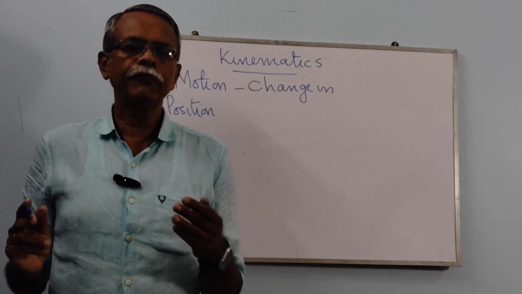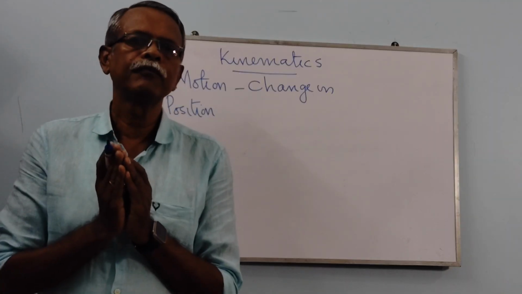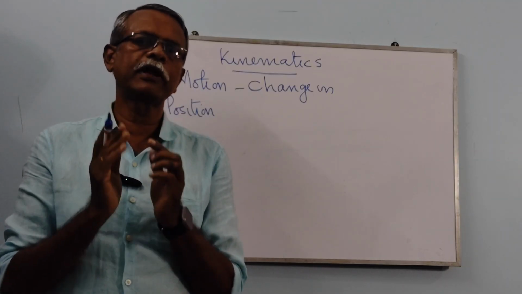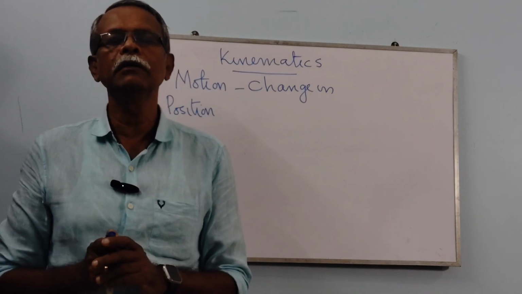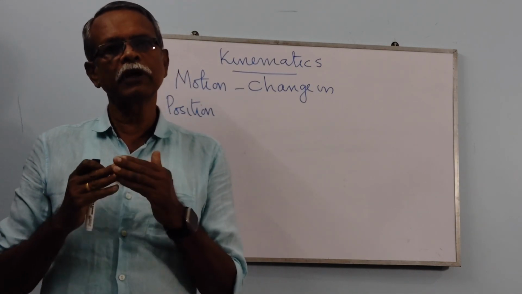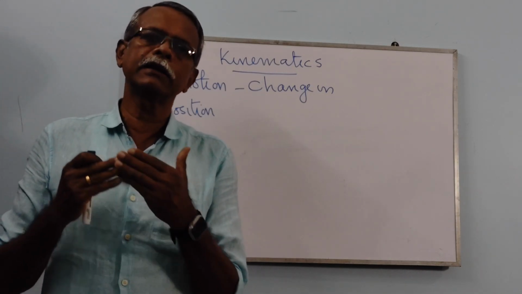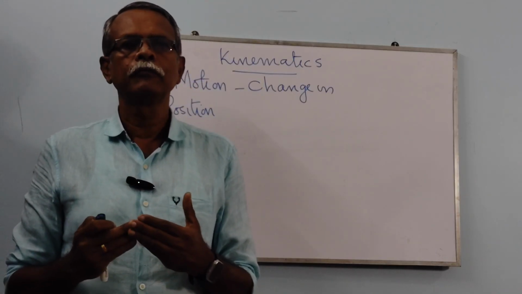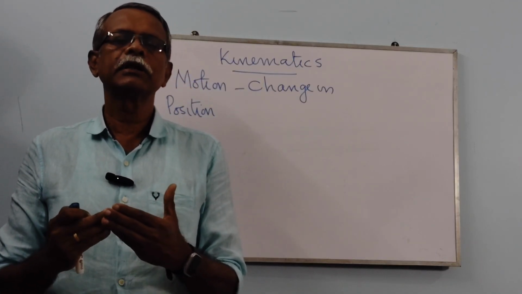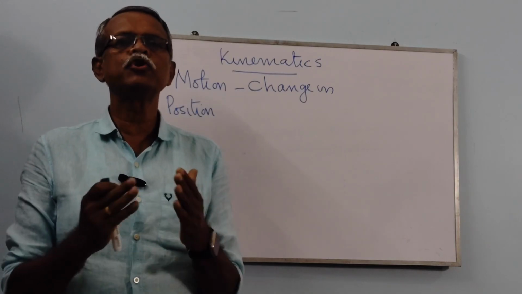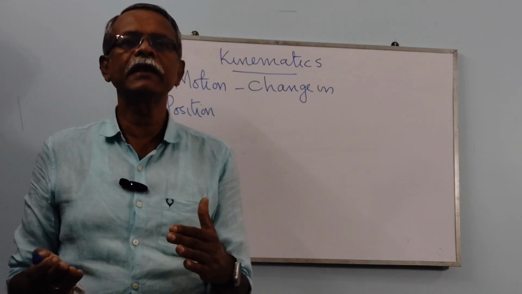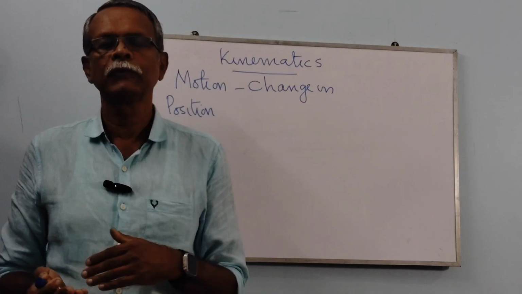So, if you observe a particle at a particular instant of time, we estimate the position of the particle. Then we observe the same particle at another instant of time and measure its position. If these two are different, we say that the particle is moving.